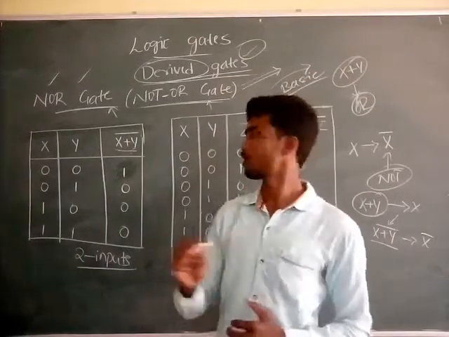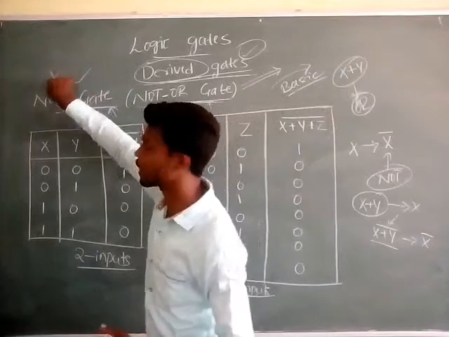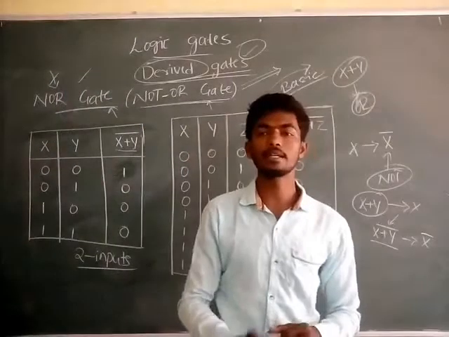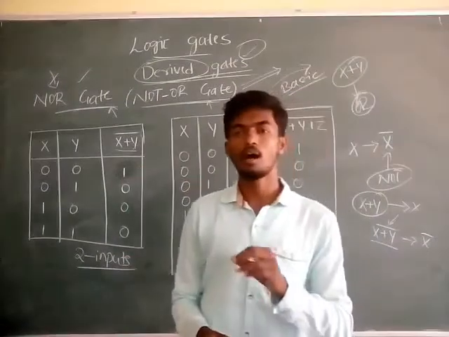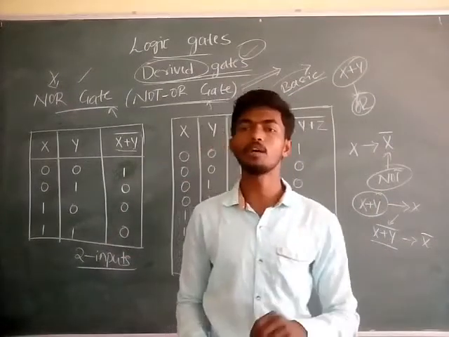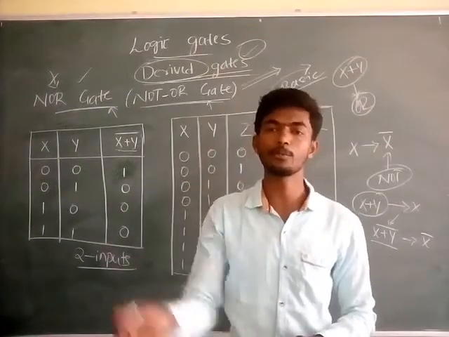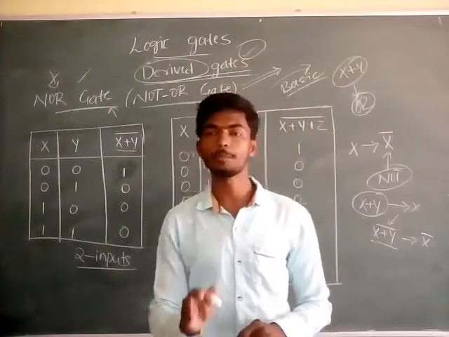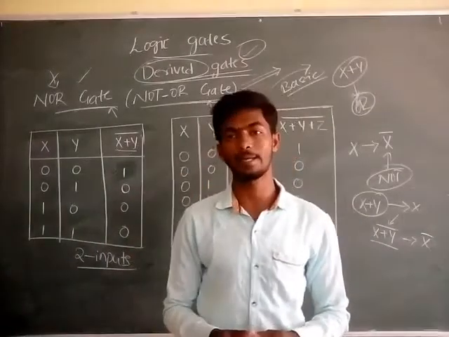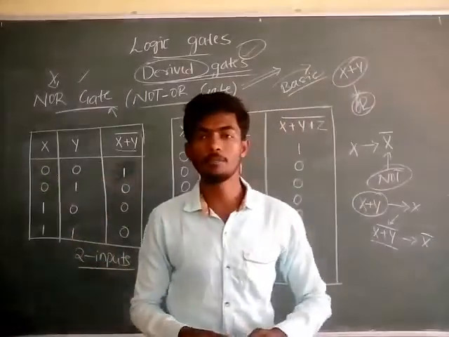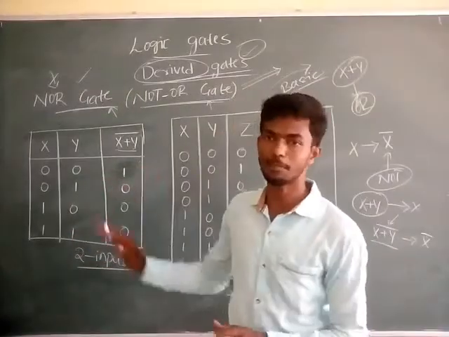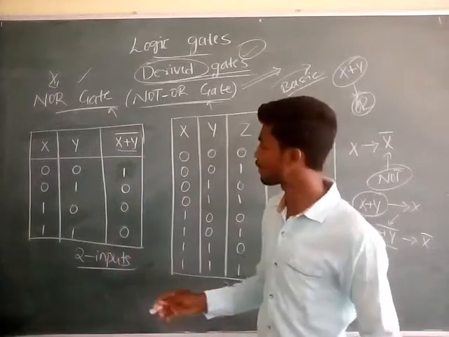The result of a NOR gate is the complemented result of an OR gate. In an OR gate, if any one of the inputs is high, the output automatically becomes high. Here it is completely different.